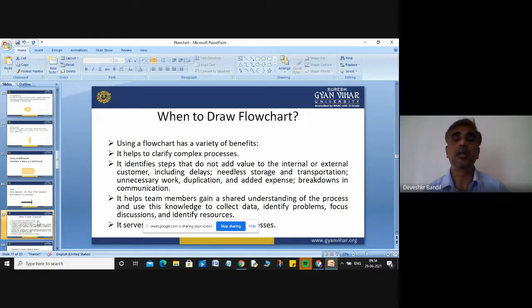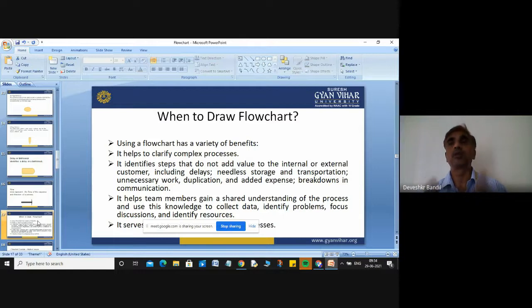So these are all the symbols, and all these symbols are useful when you draw the flowchart. Maybe one or two symbols are not necessary when you are drawing the flowchart, and the rest are necessary.